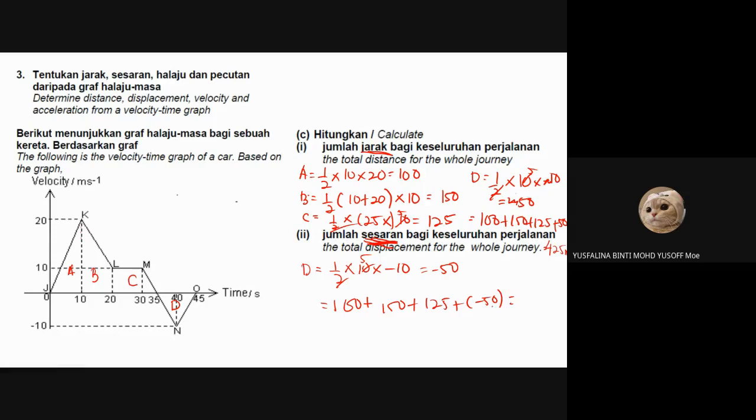So the answer should be 325 meters. Is it clear, 325 or 375? 375 is before you minus 50. Yeah, 325.